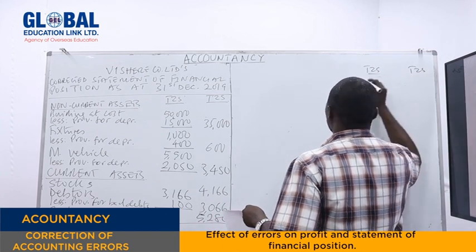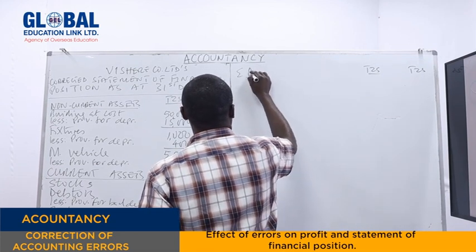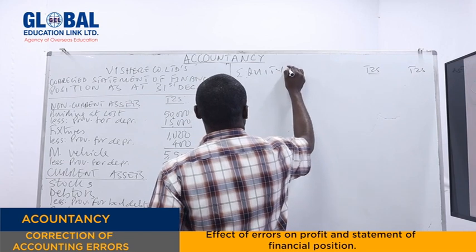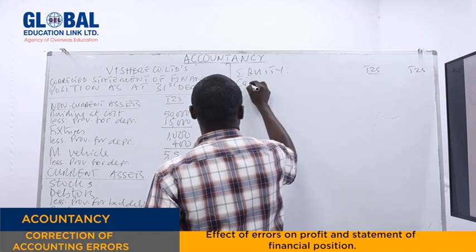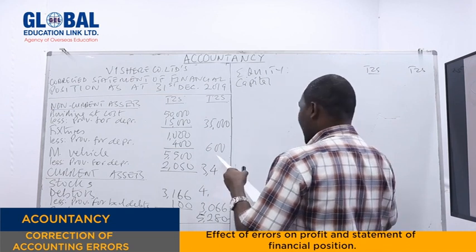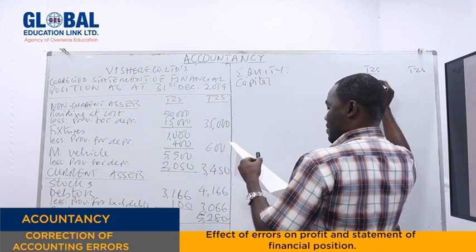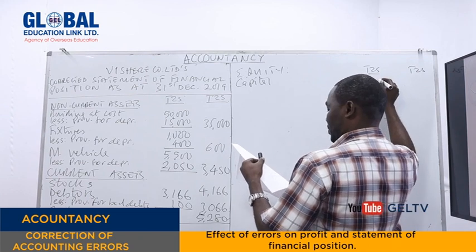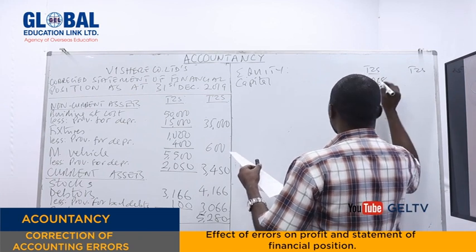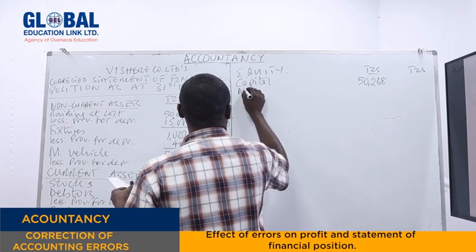We have our equity. In our equity, we have capital. So the capital, you put the actual balance. That is supposed to be 50,268 after correction. So we had the net loss.